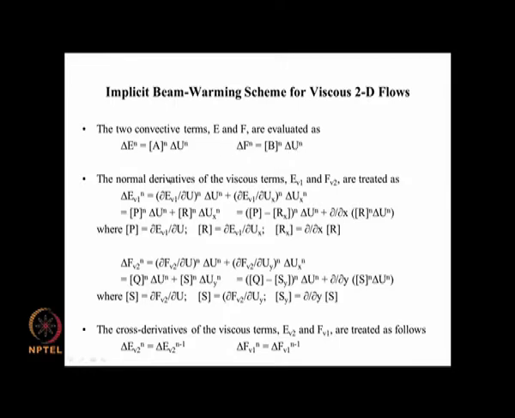And why are we writing like this? Because A is dou E by dou U times delta U, so that gives you delta E, and B is dou F by dou U times delta U, so that again gives you delta F here.